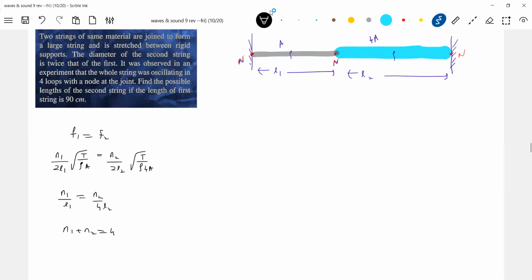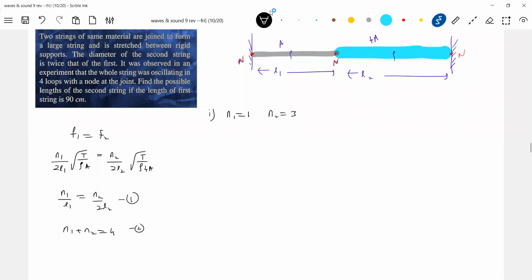So what are the possible values of N1, N2? First case, we'll take it here. One loop must be there, so let N1 equal to 1, N2 will be 3. N1 by L1 equals N2 by 2L2. Equations 1 and 2 are there.